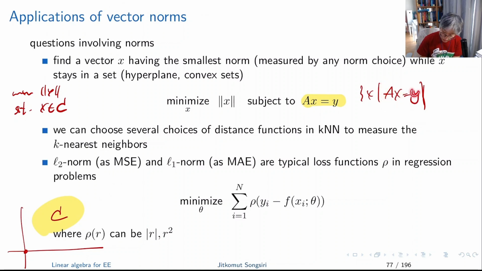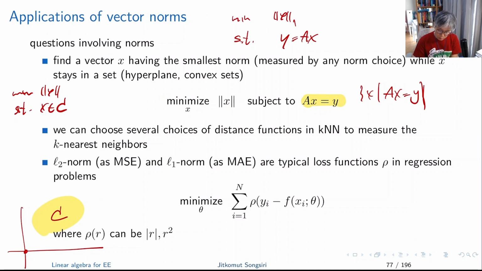Like you want to explain y as a linear function of x, and you want to find that choice of x that has the minimum norm. So, for example, in application, you could have this kind of problem: give me the minimum one norm of a vector x where my x is a solution to a linear system.